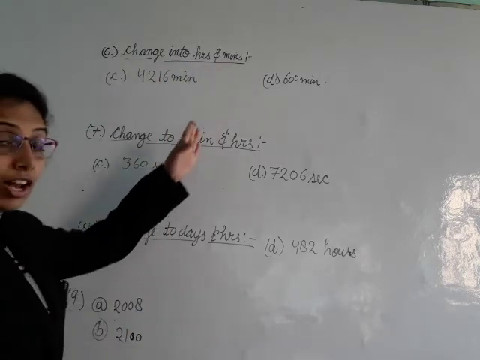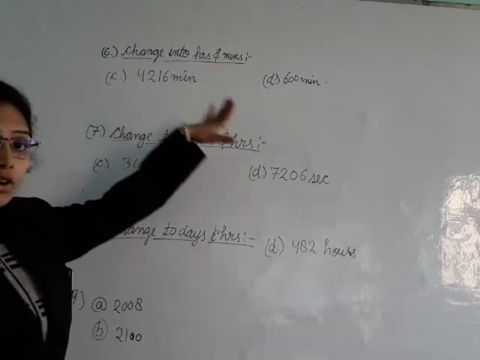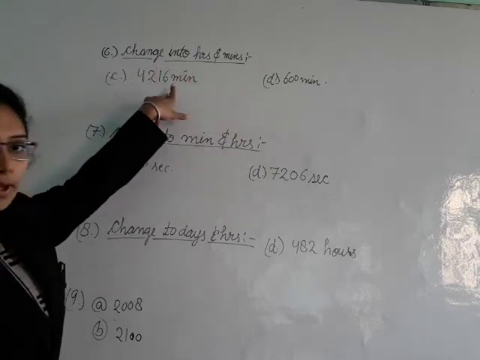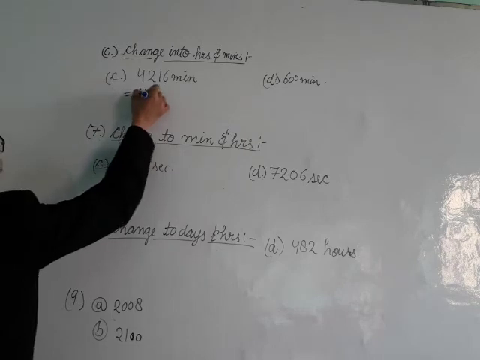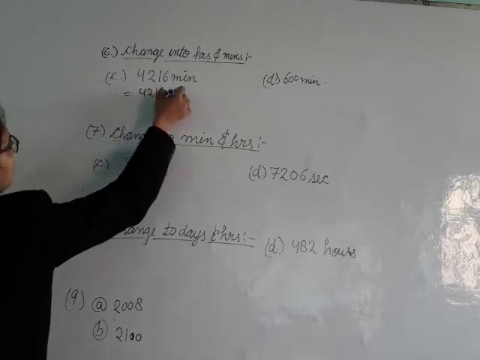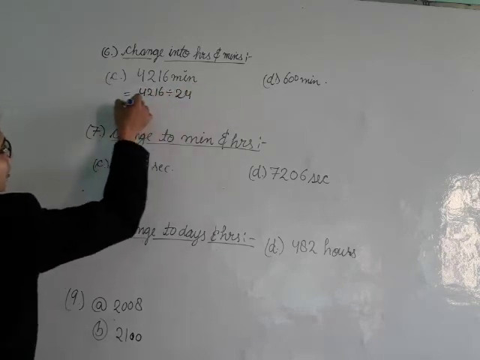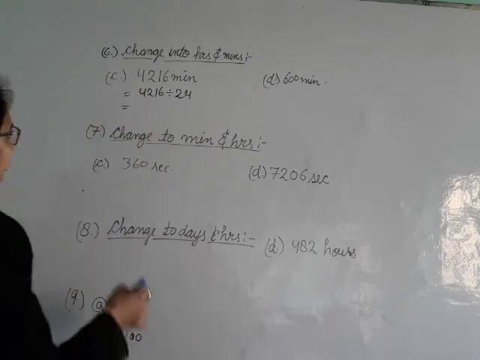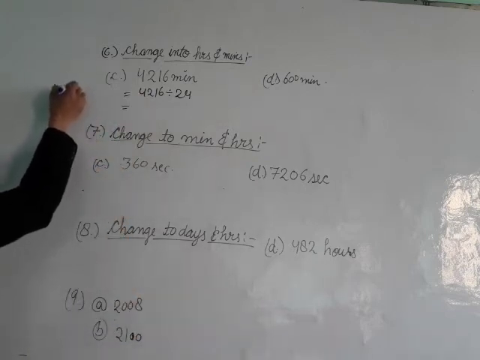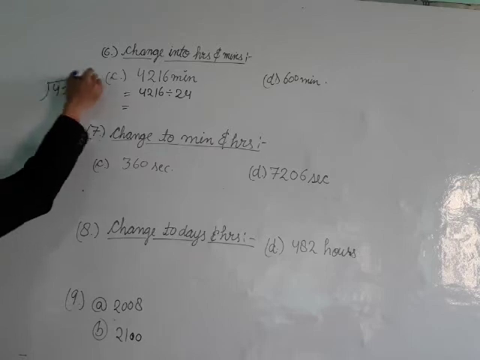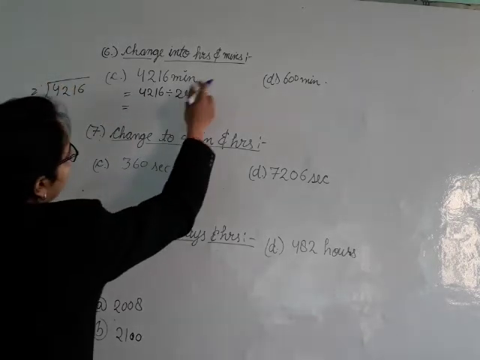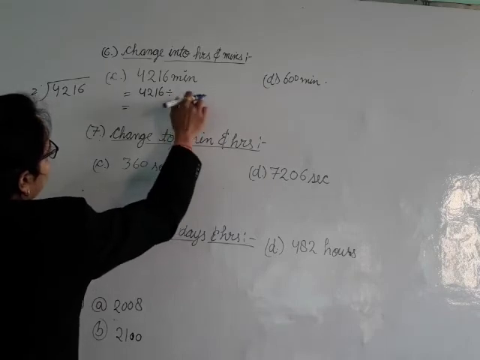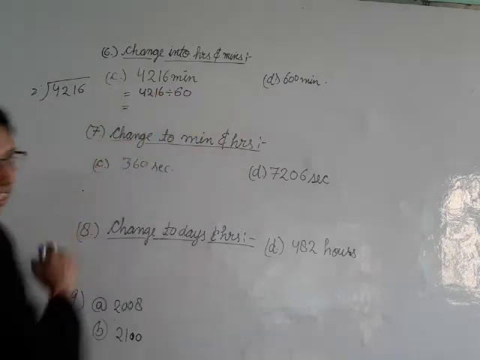So we know very well how to do this. 24 divided by, this digit will be divided by 24. 4216 divided by 24. Now hours are there, not days. So here we will divide it by 60.